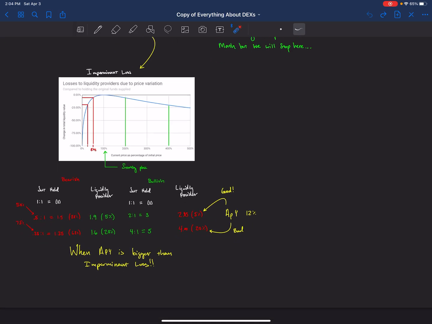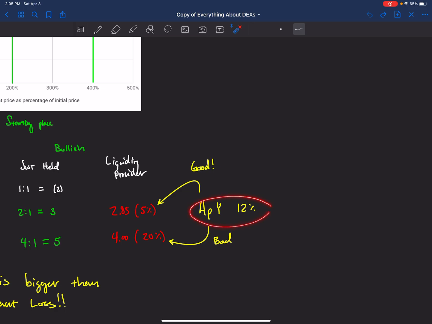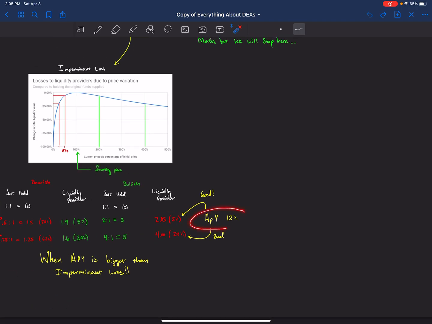So when we want to be a liquidity provider is when we think that the APY is bigger than the impermanent loss, right? So if you get an APY of 12% and you say, oh, the token might double in value. So this is a year later, we have an APY volume, right? So the volume to liquidity equals 0.12, right? Which is roughly 12% APY, right?